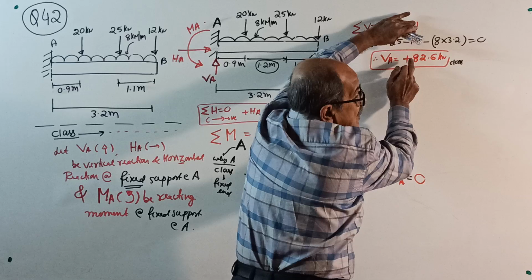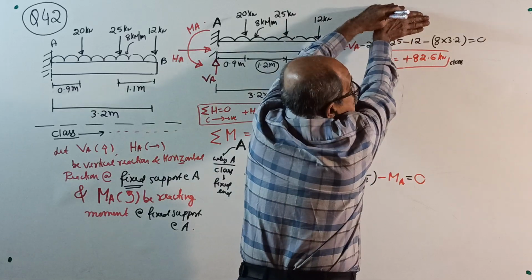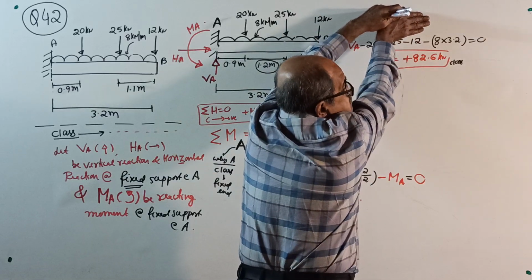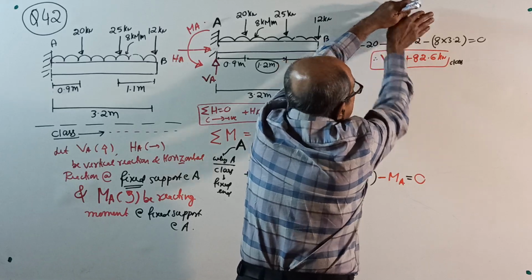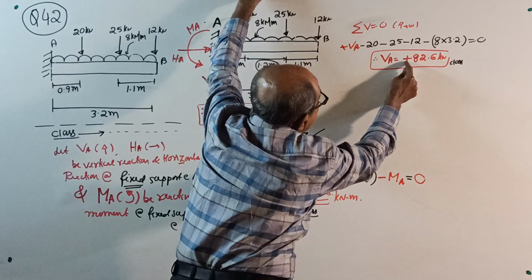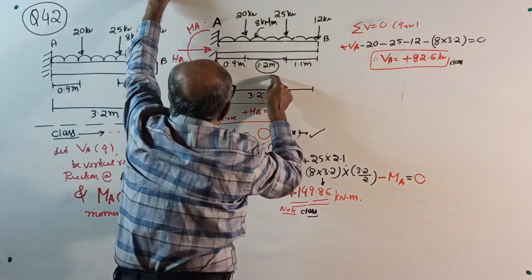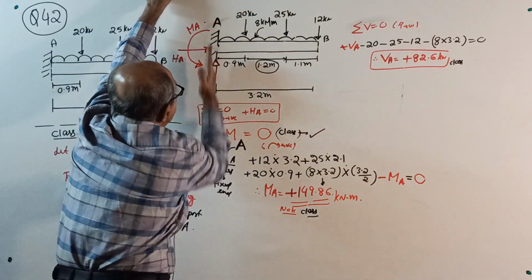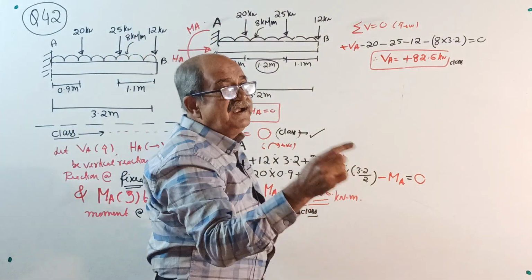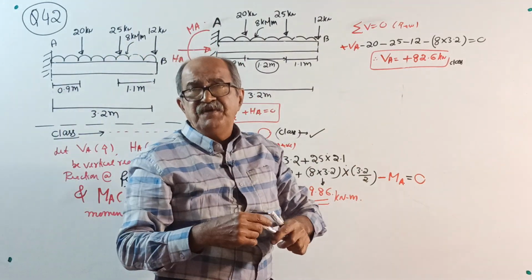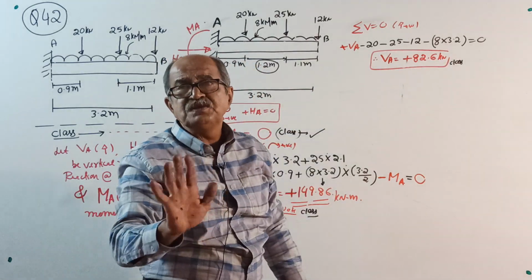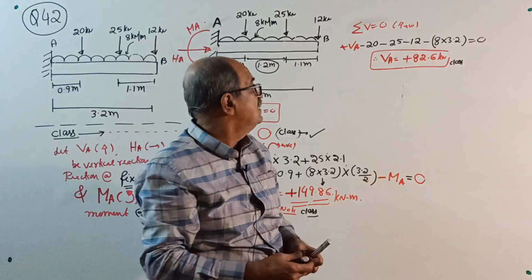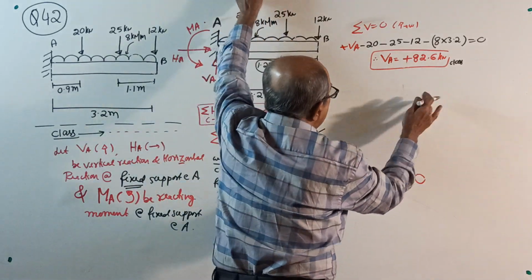When you decide the final reaction, do not see the sign convention. You can take whatever you want, it has no effect on the answer. This positive sign indicates that the direction we assumed here is correct. Therefore, the vertical reaction at the fixed end, VA, is 82.6 kilonewton, no plus or minus, in the upward direction. Okay, over. That's all. Write the answer now.